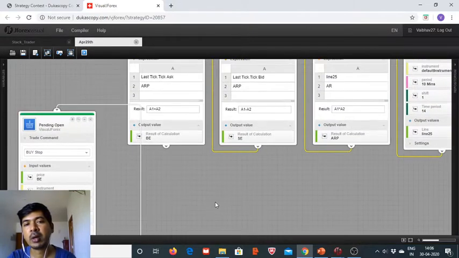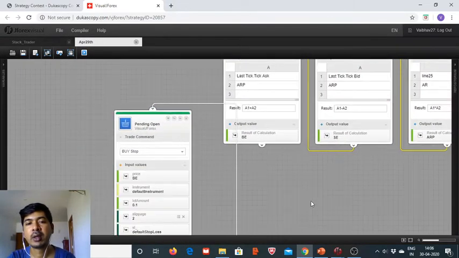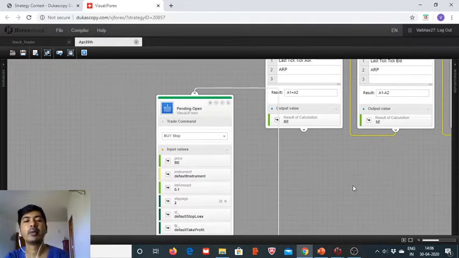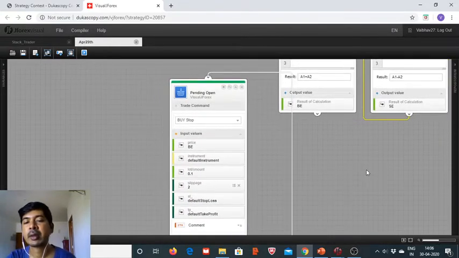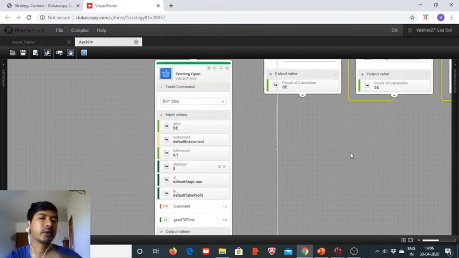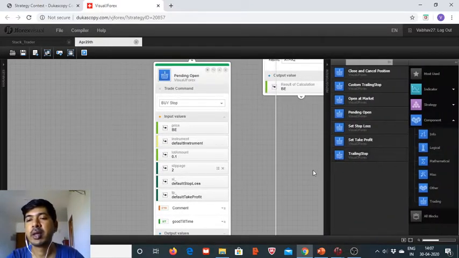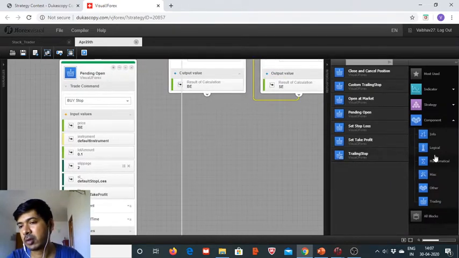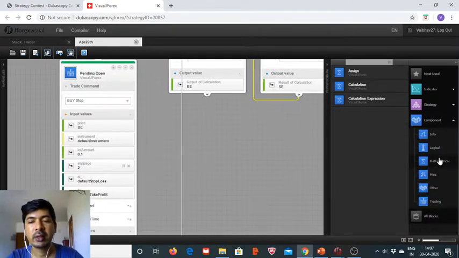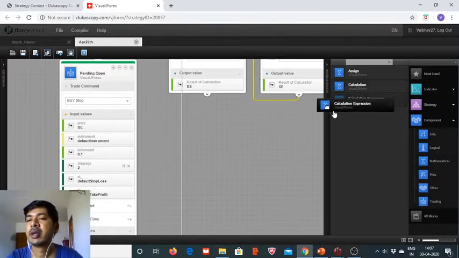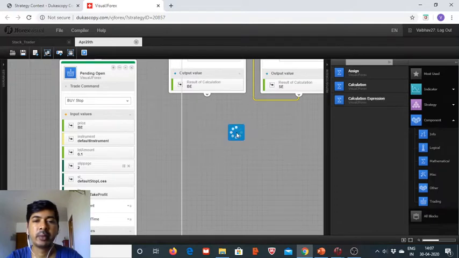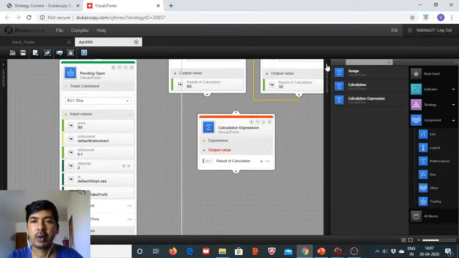So we will define the order validity time first. For that we are going to need to bring in the calculation expression, and I think since we are working with a very short term time frame, order validity of 12 minutes, which is like 1/5 of the hour, should be good enough.